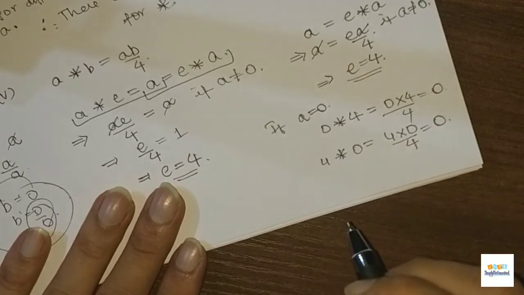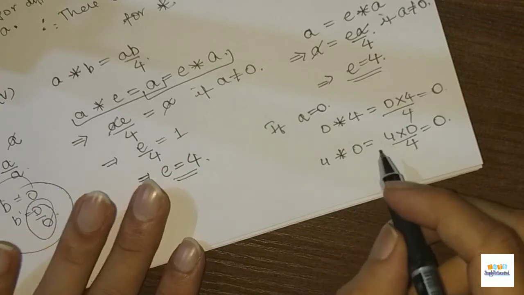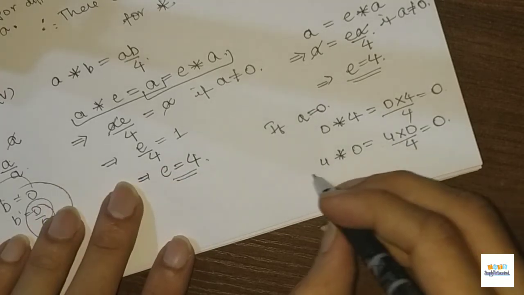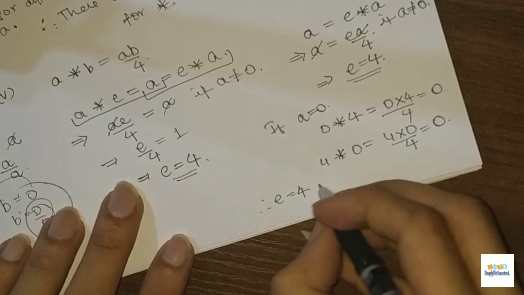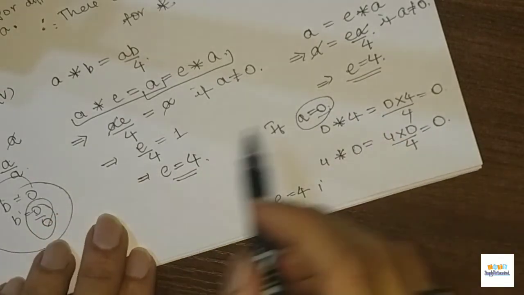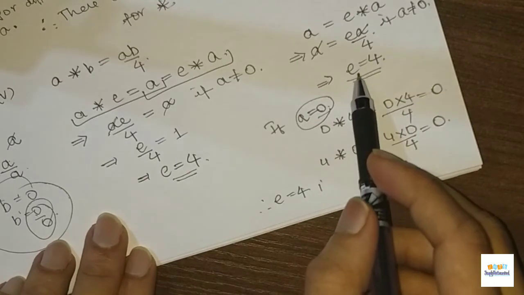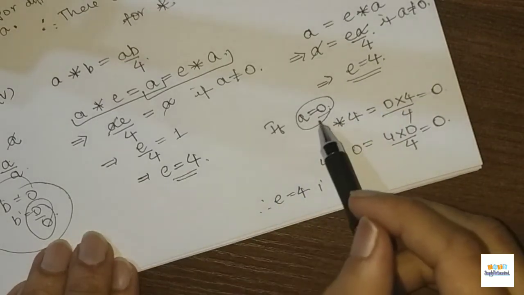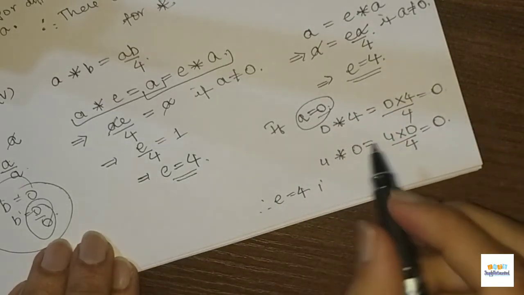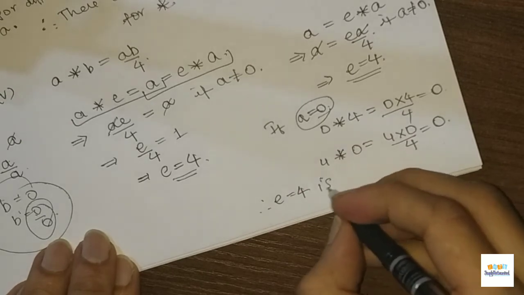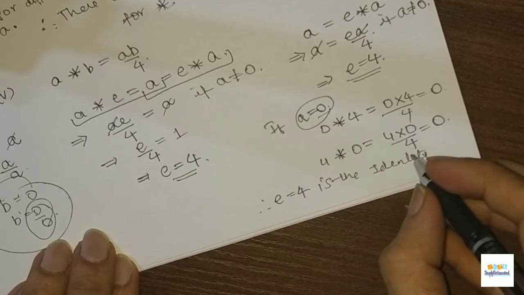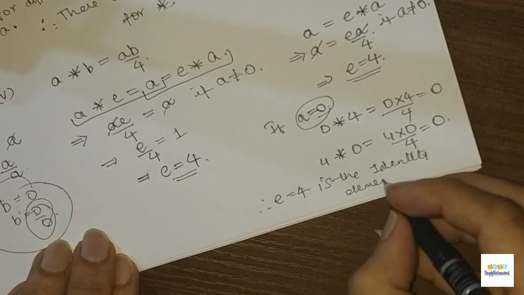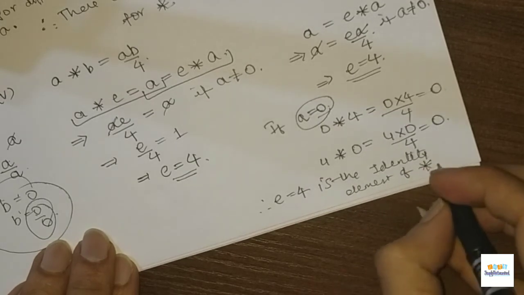So you are getting 0 for both these equations, right? So therefore e equal to 4, because for every a not equal to 0 you are getting e equal to 4, and for a equal to 0 also this works, right? So e equal to 4 is the identity element of star.